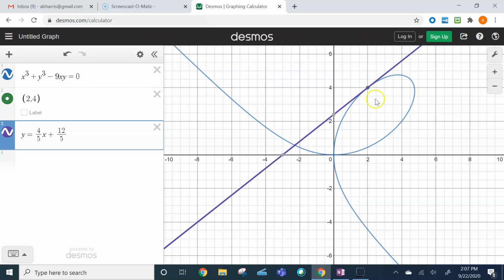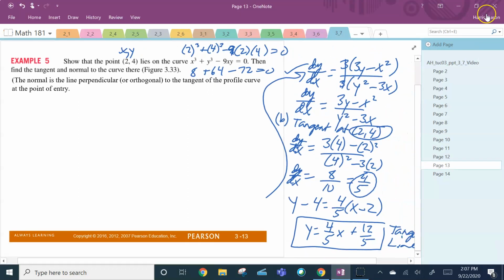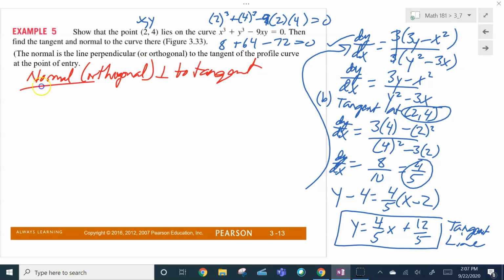So the line that's perpendicular to the tangent. Well, if this slope is 4/5, the slope of the perpendicular line, since their product is -1, I flip it over and change the sign, so its slope would be -5/4.